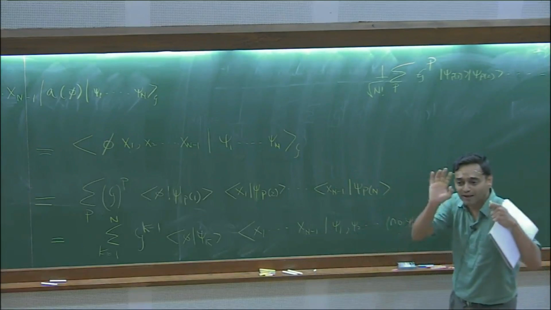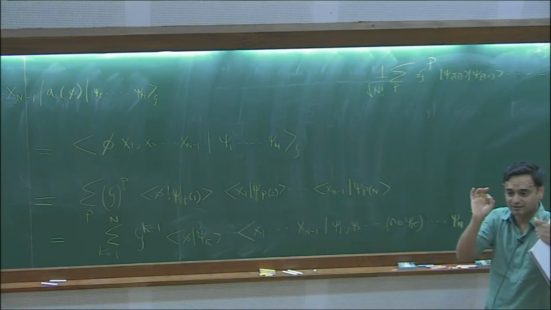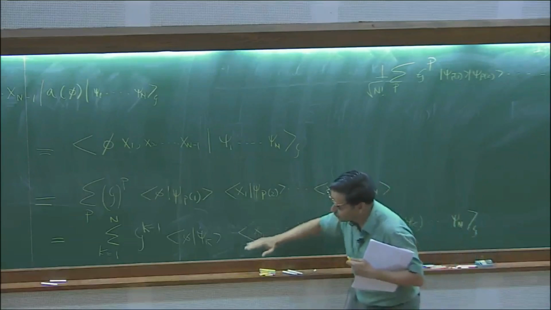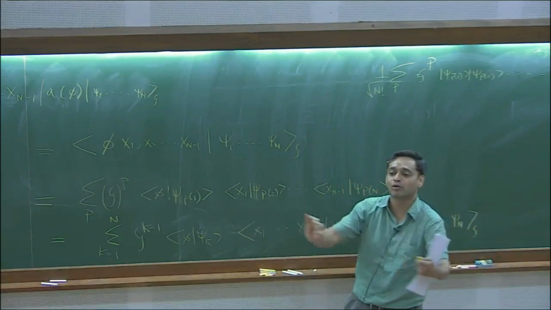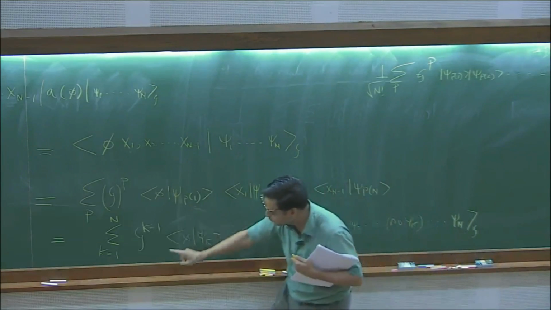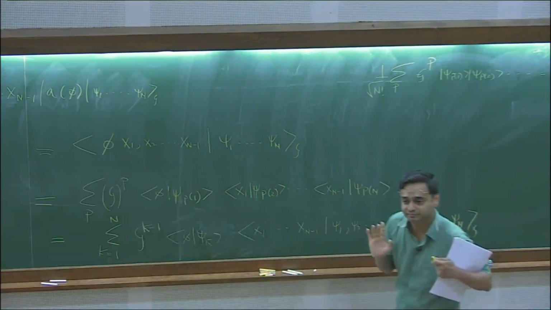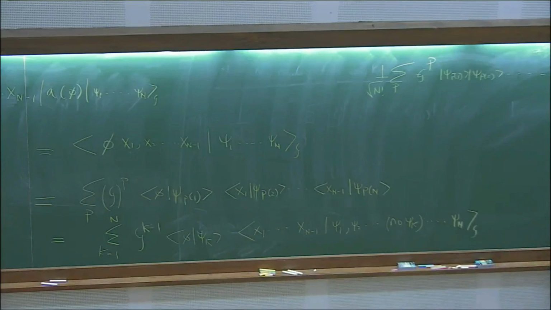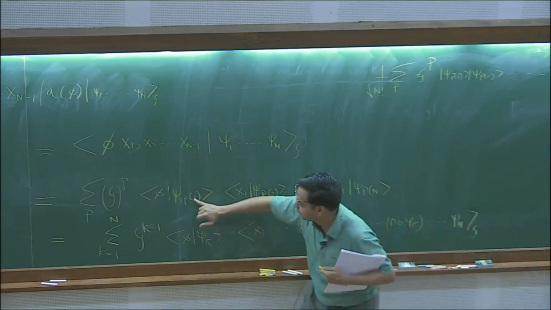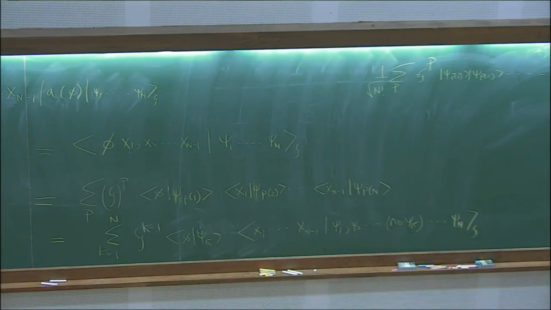You should go back maybe this evening and just go from here to here calmly, the 3 or 4 orbital example. You will see that the sign you pick up is exactly the k minus 1 power of minus 1. You pick up k minus 1 factors of minus 1 when you do this. And then you have to sum over all k, because this could be any one of them, 1 through n. Okay? So that's what you got.